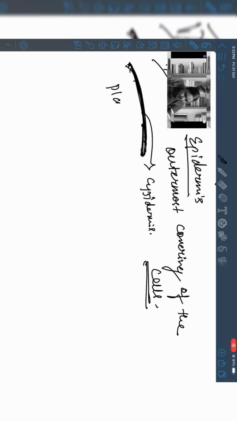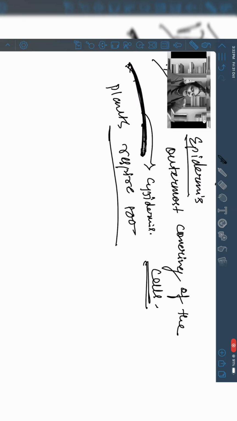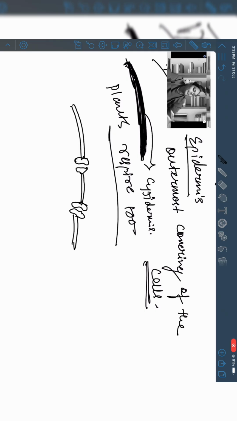Now, this is a very interesting topic. At least it's my favorite. So, what is stomata? This is the structure of stomata.